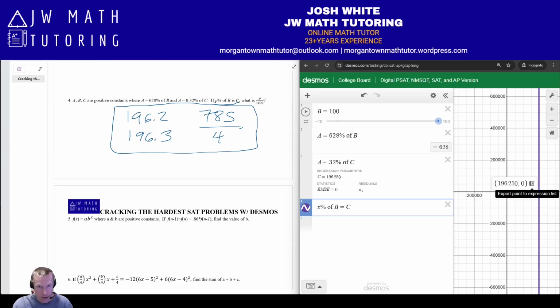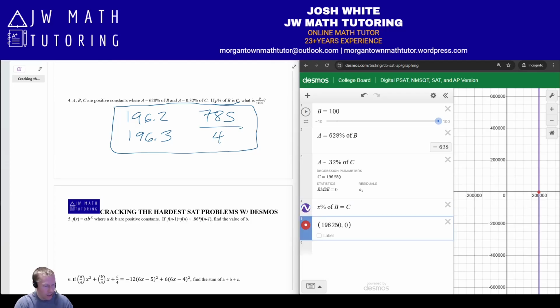It's right here. So then you go over here, and then you take this value, and then, of course, divide it by 1,000. And there's your correct answer. So that's just an alternate way to get the value for P, just by basically typing the equation but putting an x in and then looking for the vertical line which solves it.